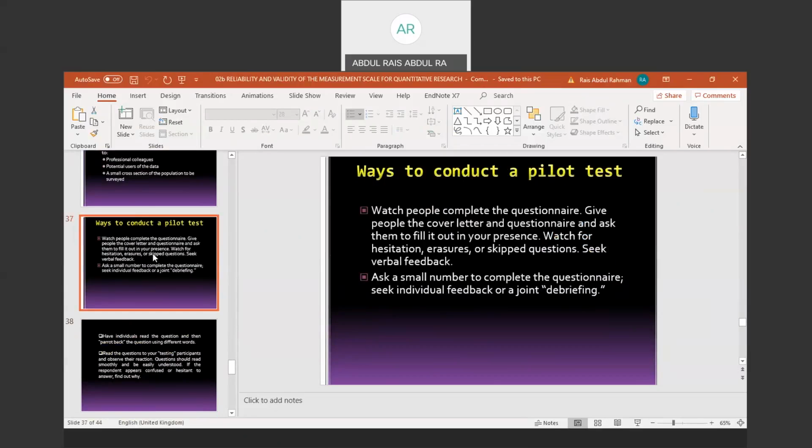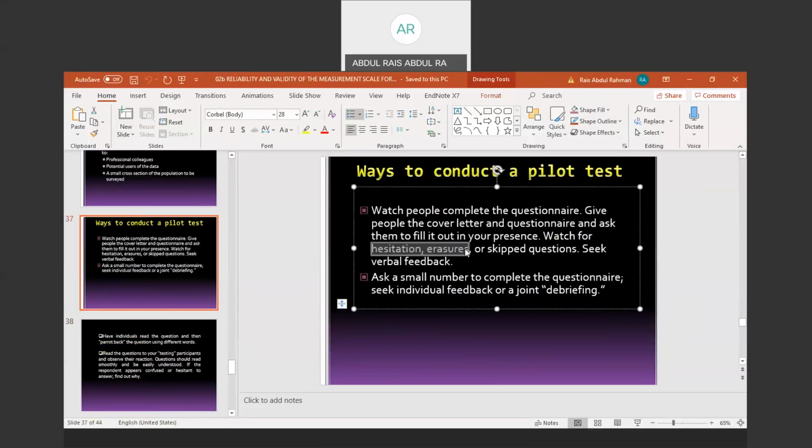Give people the cover letter and questionnaire, ask them to fill out, and tengok reaksi dia orang macam mana. Adakah dia hesitate, dia gawal-gawala, ataupun dia skipping page, right? Ask a small number to complete the questionnaire and seek the interview feedback or join a debrief.